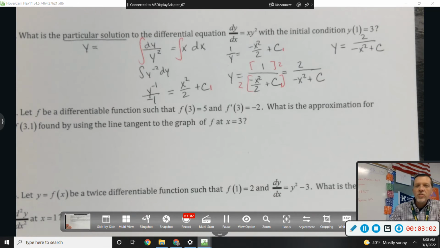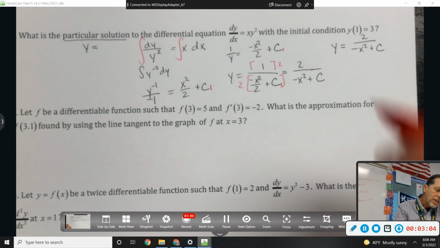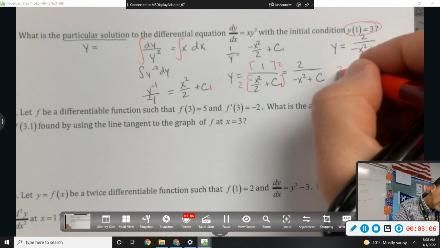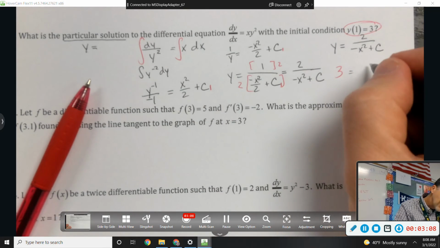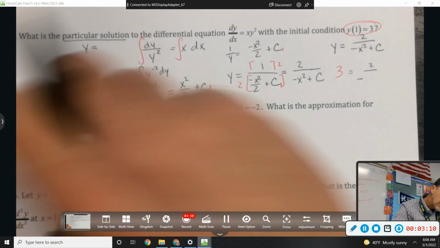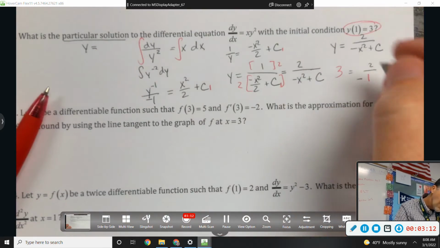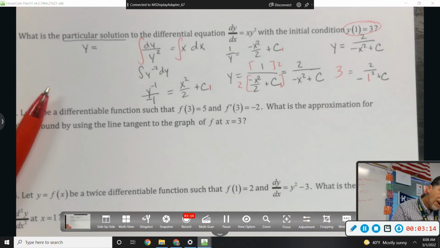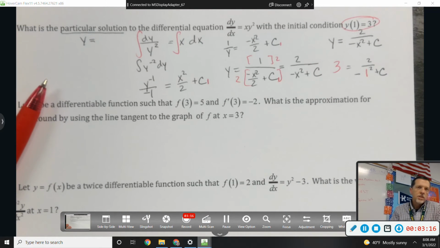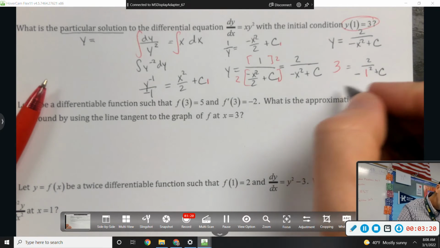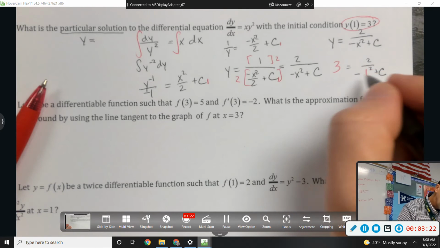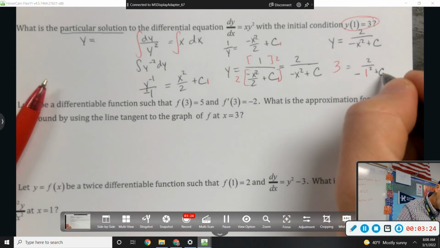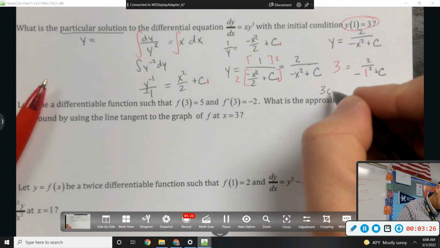Okay, so there's my general solution. Now I need to use 1, 3 to solve for c. Let's see. Let's multiply by c minus 1.